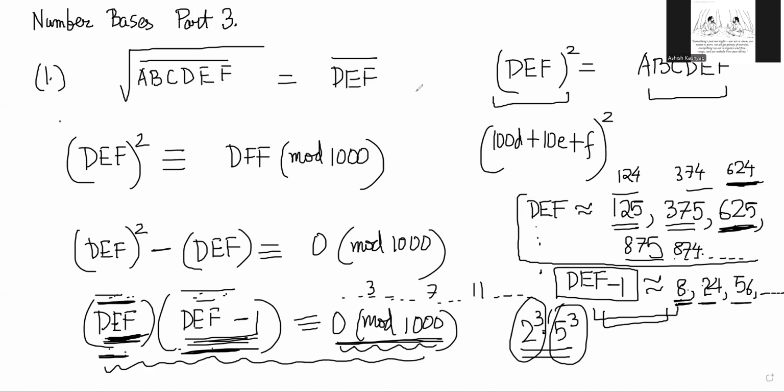So in that case, DEF is 625 and DEF square should be ABCDEF, right? So 625 square you will calculate. You'll get ABCDEF as 390625. Check once, 625 square.